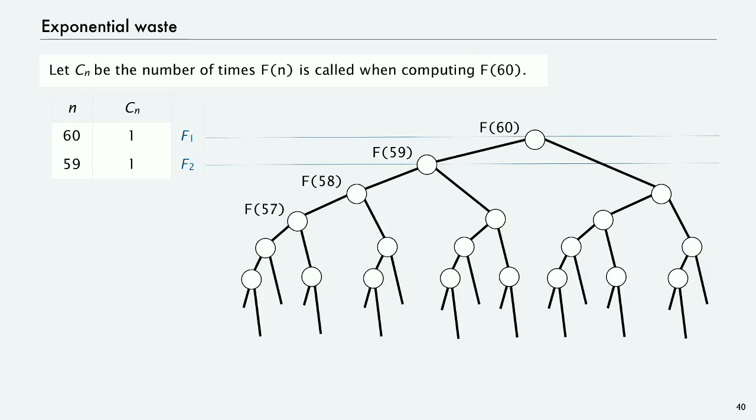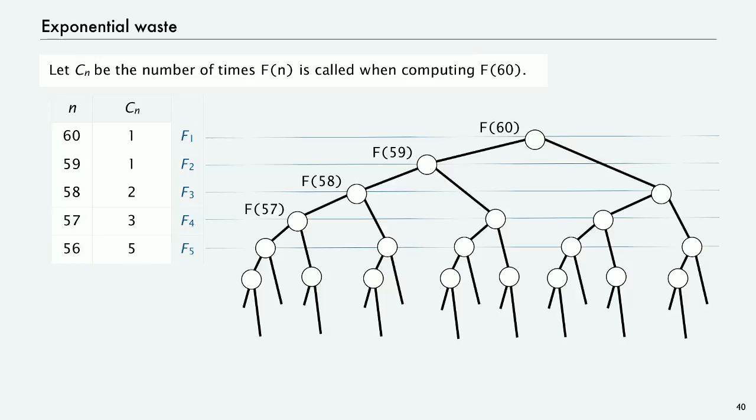F of 59 also gets called just once, and that's f of 2, the second Fibonacci number. 58 gets called twice, and that turns out to be f of 3. 57 gets called 3 times. And again, after you see the pattern, you can prove that the number of times f of n is called, as n decreases, goes up with the Fibonacci numbers.